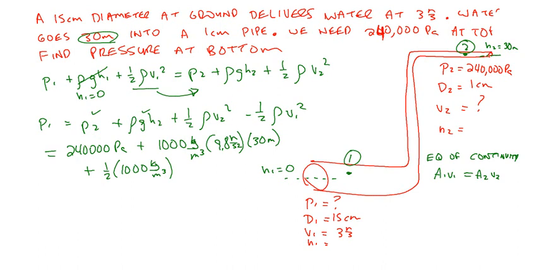And I don't have A1. I could either calculate A1 and A2 from the diameters, which I do have, or I could switch over and use pi diameter 1 squared divided by 4, remember that thing, times v1 equals pi diameter 2 squared divided by 4, times v2, and the 4's cancel and the pi's cancel like that.